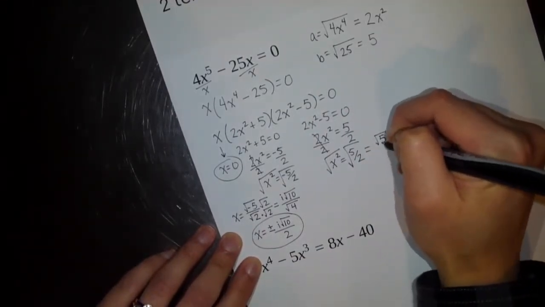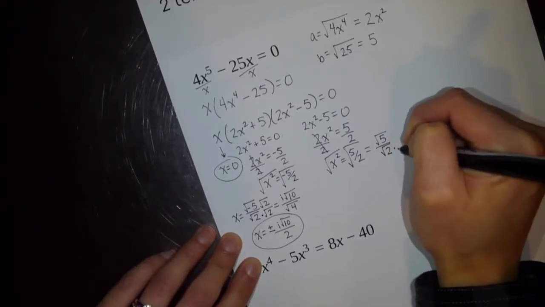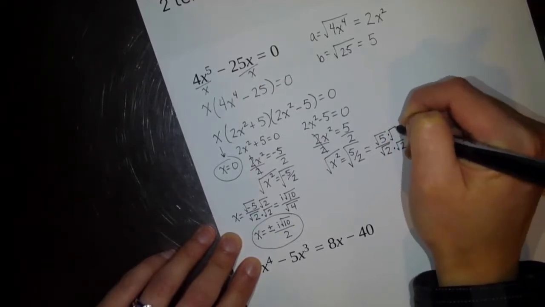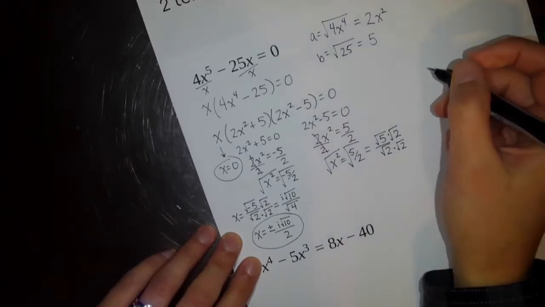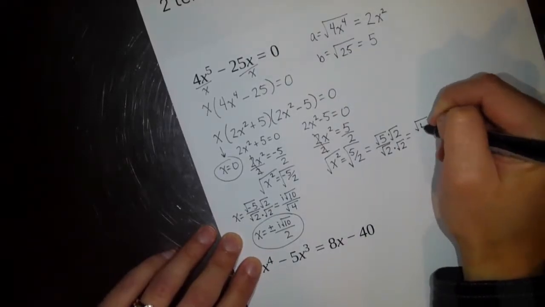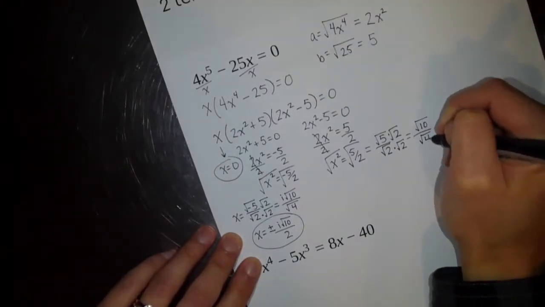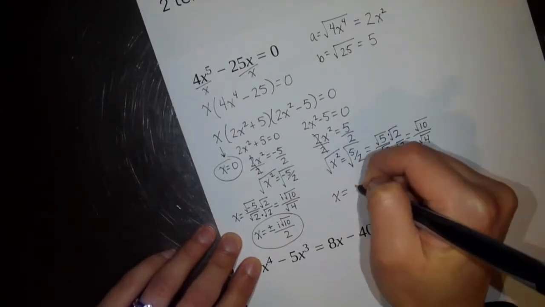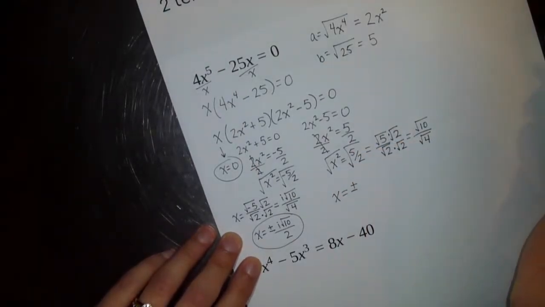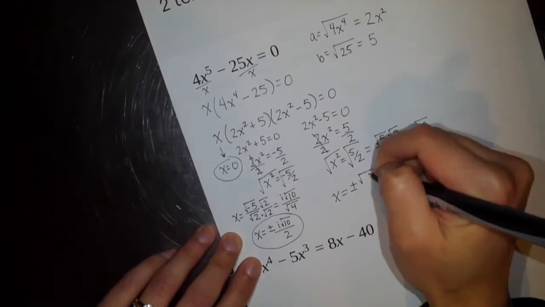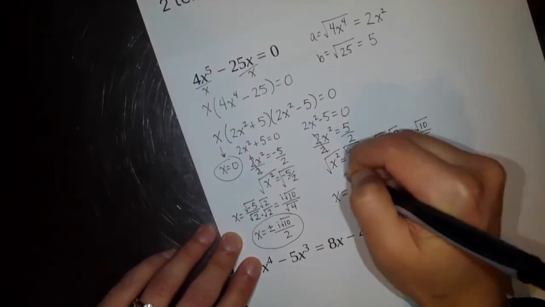This is root 5 over root 2. And I would multiply by root 2 in the top and bottom to get rid of the radical. I'd have root 10 over root 4. So this answer will come out to be plus or minus, because solving with square roots, root 10 over 2.